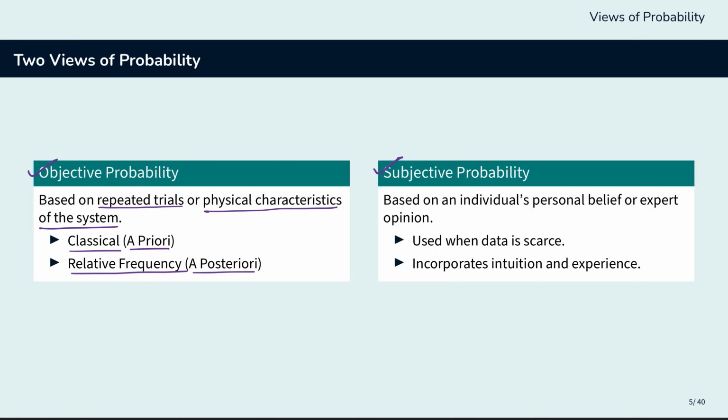Subjective probability is based on an individual's belief or expert opinion. We generally use subjective probability rarely, and only when the data is scarce, because the main problem with it is that it incorporates intuition and experience and not raw, measurable quantities.